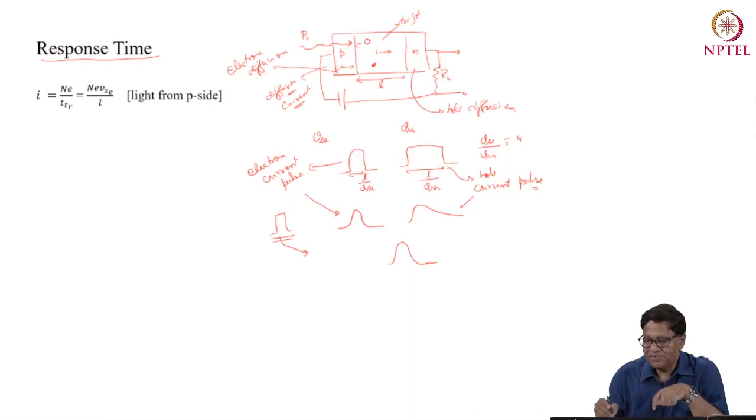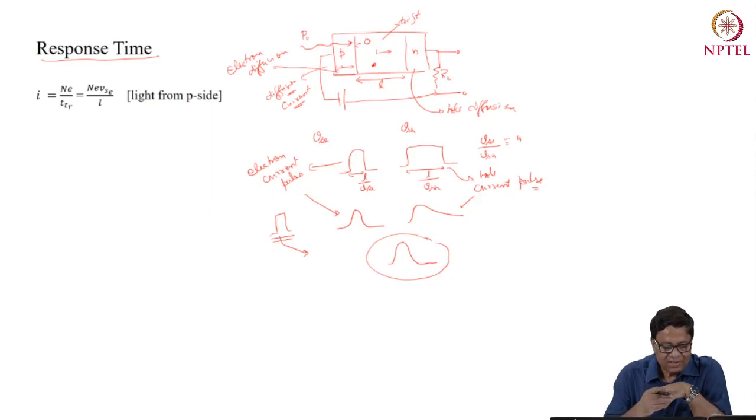So because of the diffusion and the drift nature of this device, your pulse gets distorted, and this is what you get at the output, right? So this is going to limit your response time, because if the distortion is too much, then there may be interference with the next pulse and the response time gets reduced.